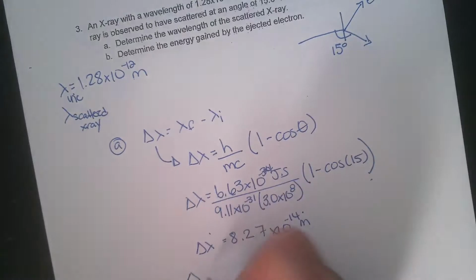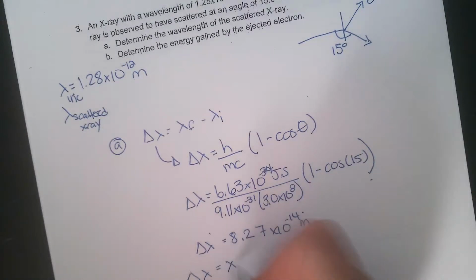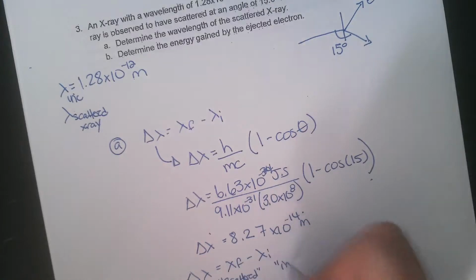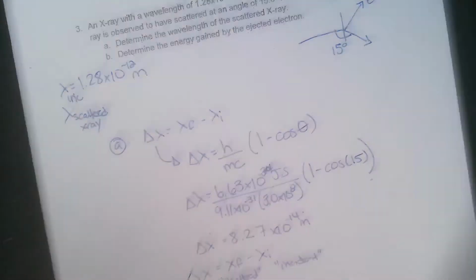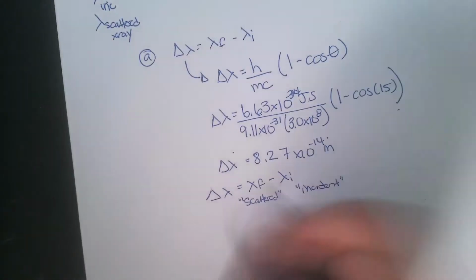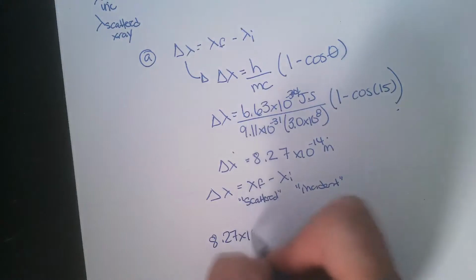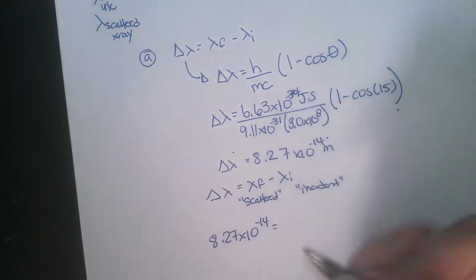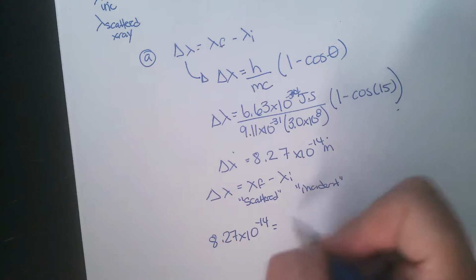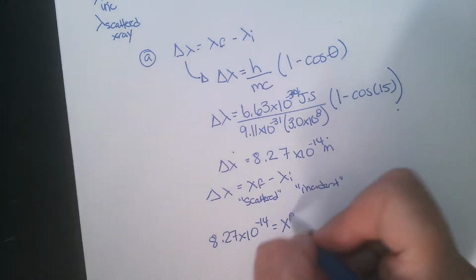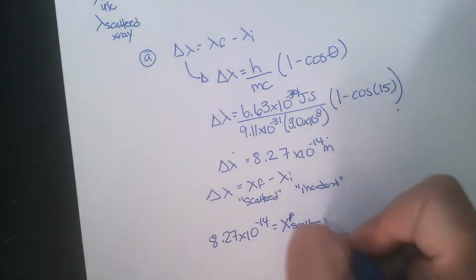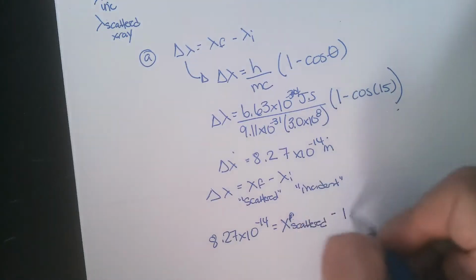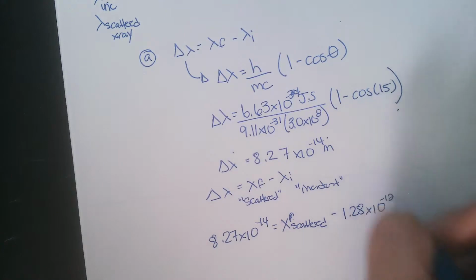From here, we can go back to the change equals lambda final minus lambda initial, where final is scattered and initial is incident. And so we can see that 8.27 times 10 to the negative 14 is equal to our scattered wavelength, lambda scattered, minus 1.28 times 10 to the negative 12 meters.